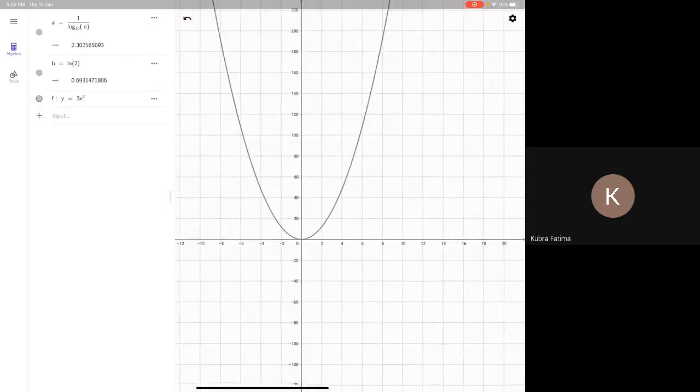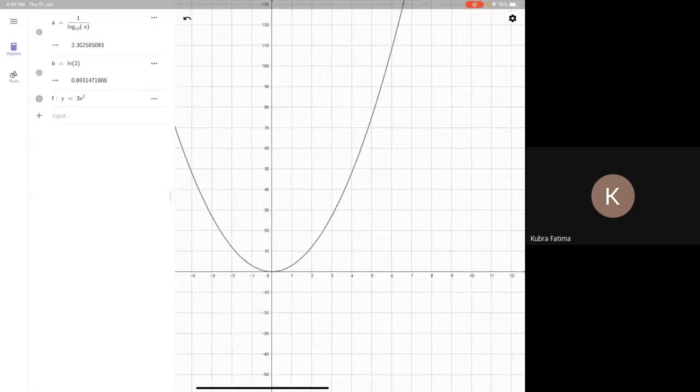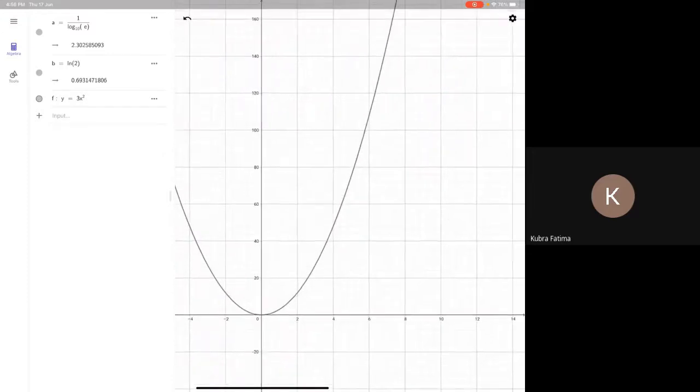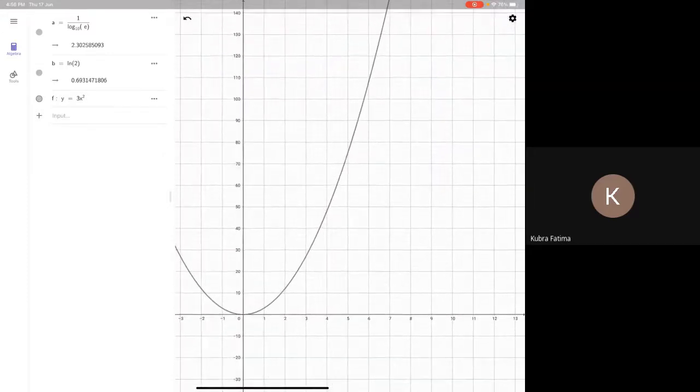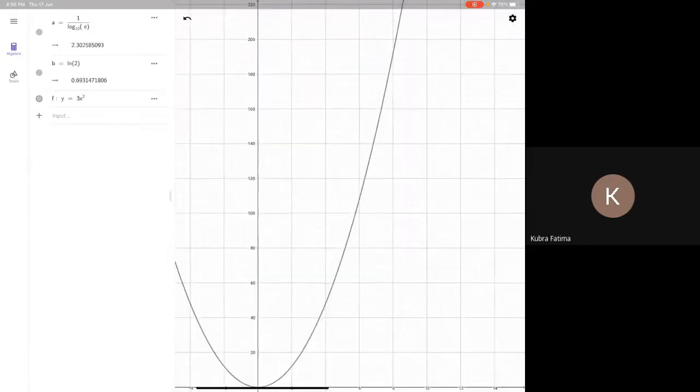Now if you want to find the area under this graph between 5 and 7, then you can use that integral. It will just give you the area under the graph bounded by x equals 5 and x equals 7. So you'll get the area of this region.